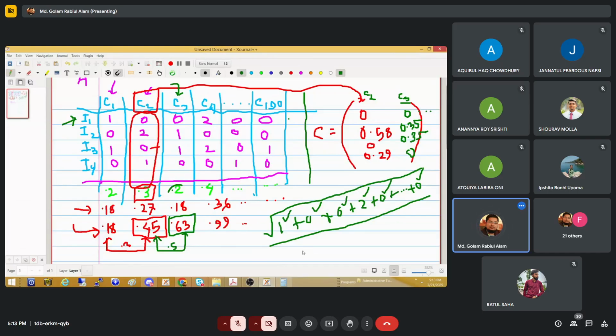So that is the Frobenius norm of our matrix A. If we just divide this one, then we will get the value.